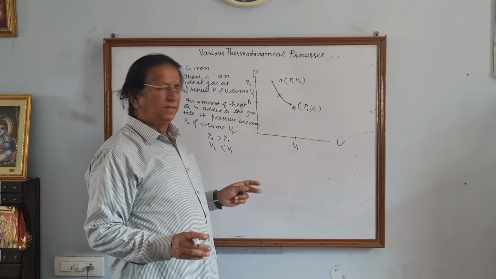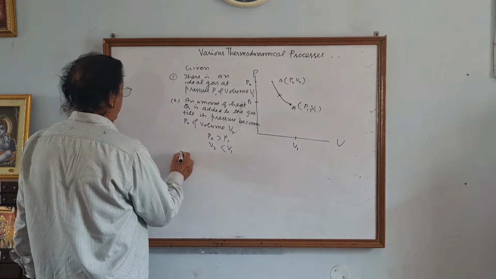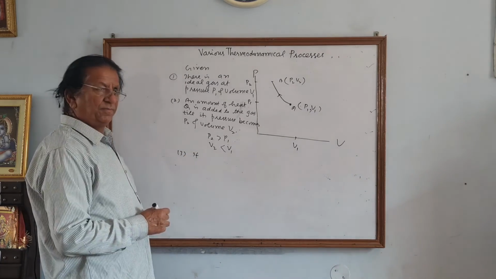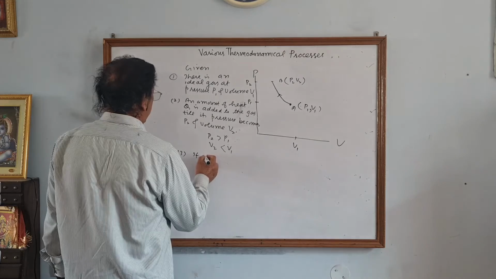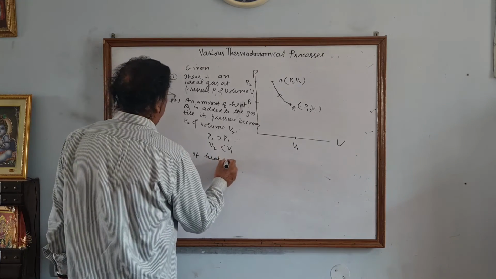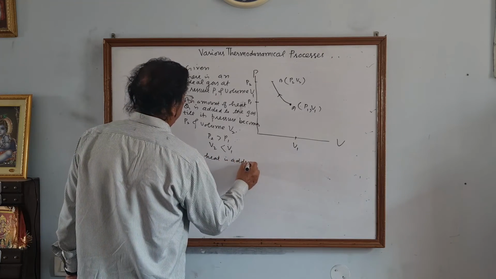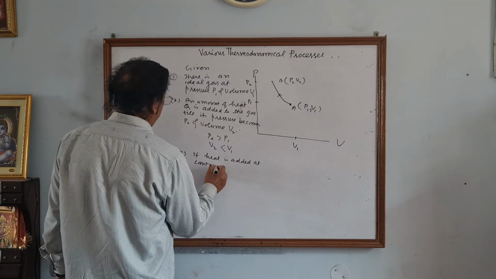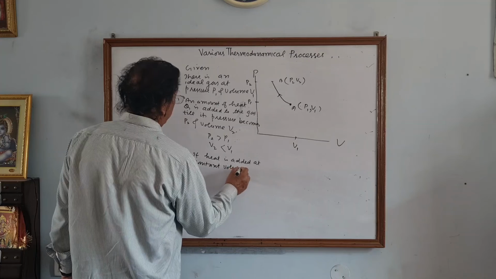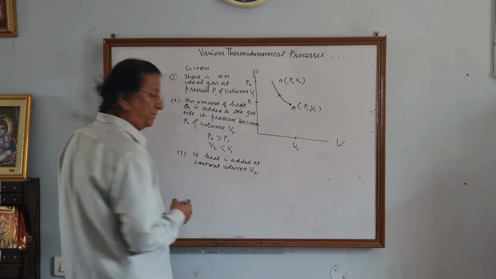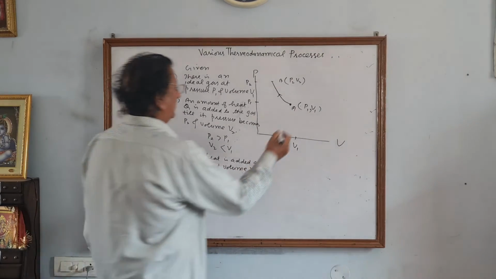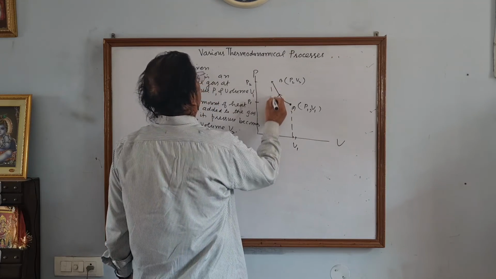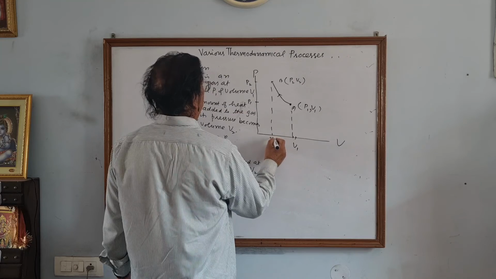Okay. Then, after that, if heat is added at constant volume V2, this is V1, this is V2.